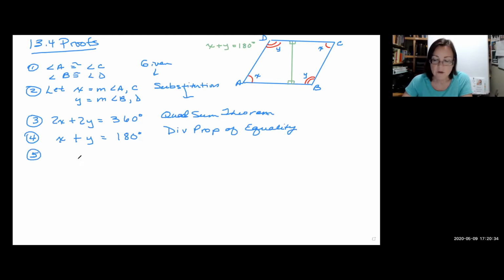If that's true, then I could say that angle A and angle D, and then angle B and angle C, are supplementary. That's by definition of supplementary. If they add up to 180, then they are.